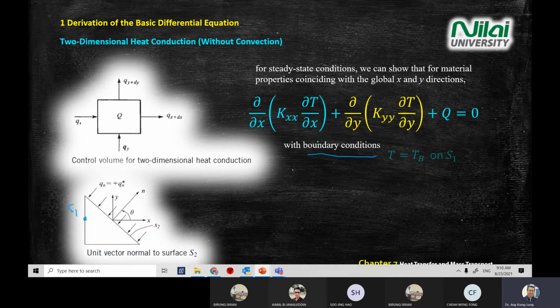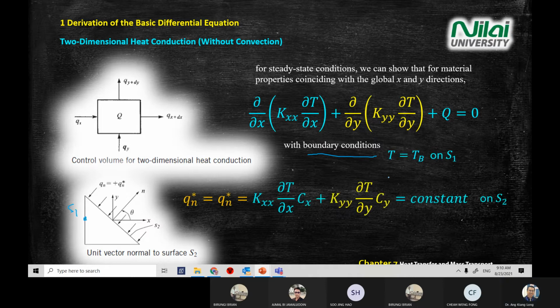So surface 1, you have the temperature at base, TB. And then you do the same substitution. Your Qn will equal Kxx del T over del X Cx plus the Y component, equal to a constant on surface 2.